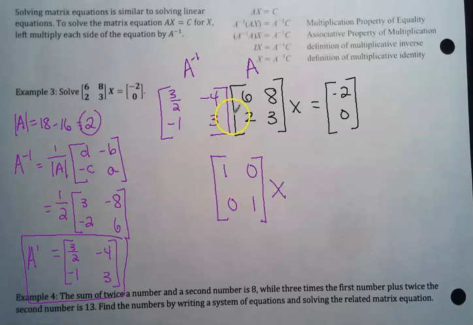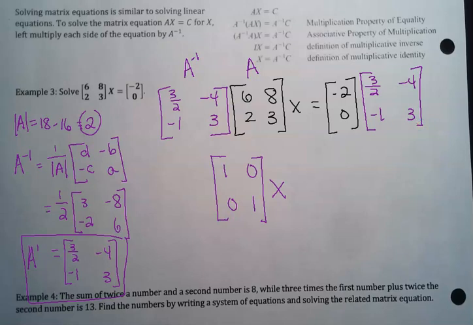We know that this is going to equal X. Where we do have to do it is on the other side, because we're multiplying both sides by the inverse matrix. So 3 over 2, [-4, -1, 3]. All right, so this is where we have to do the math.